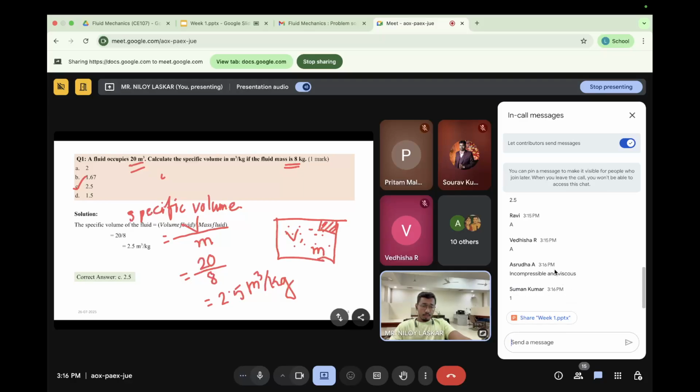Ravi and Vidisha have answered option A, that is non-viscous and incompressible, and Shudha has answered incompressible and viscous.